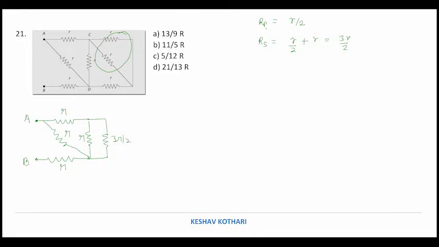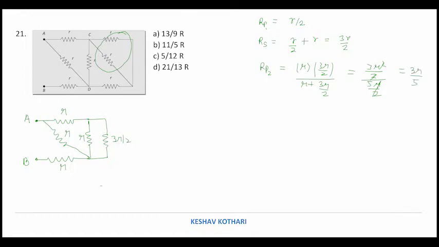So now these two are in parallel with each other. So I can calculate Rp2, which is equal to R1 R2 upon R1 plus R2. So we obtain equal to 3R square by 2 and 5R by 2. That is 3R by 5.